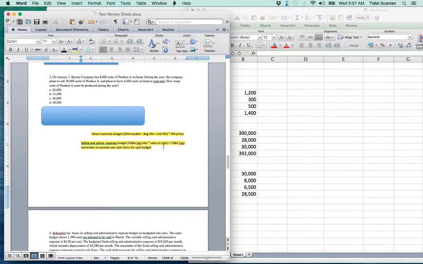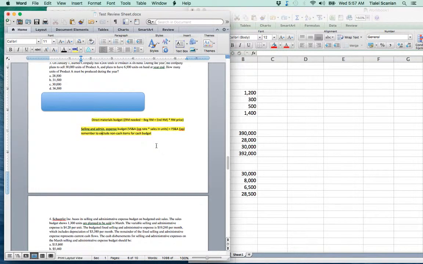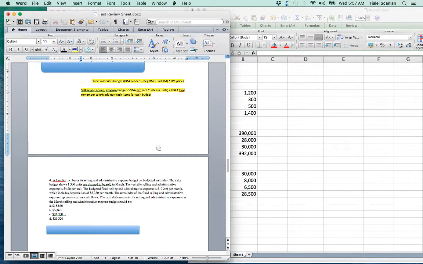So that's our variable aspect. Add our fixed component, and remember to exclude non-cash items for a cash budget. The main non-cash item is depreciation. So you'll add everything up, the fixed expense and the variable rate times the sales units, and then take out the depreciation expense because it's non-cash.